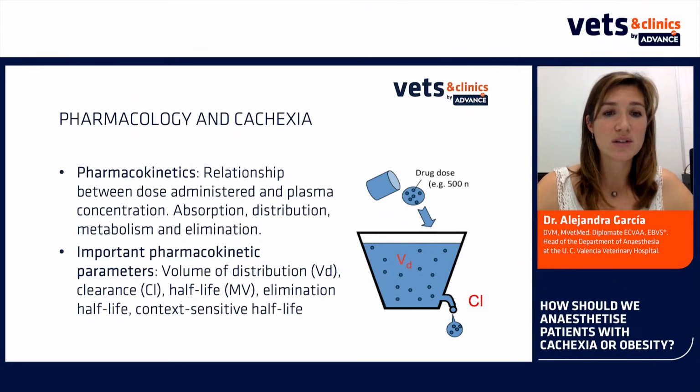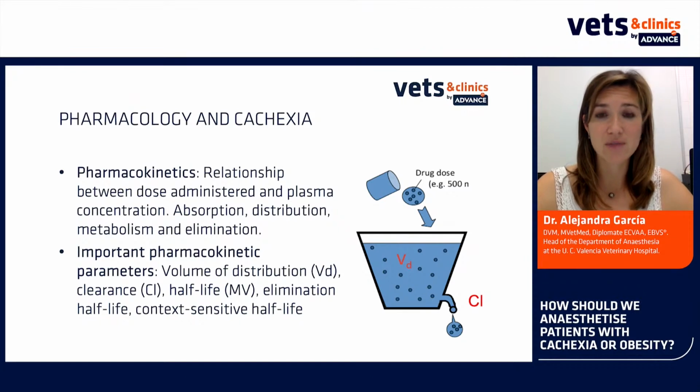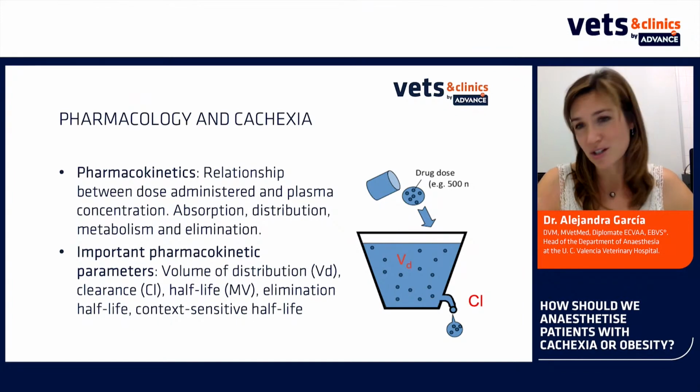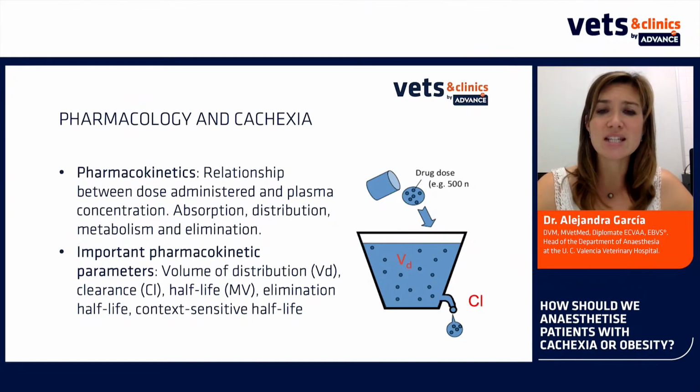The important pharmacokinetic parameters that we need to know are first the volume of distribution, the clearance, the elimination half-life, and the context-sensitive half-life. The volume of distribution, as you see in the diagram here, is the volume in which the dose of a drug distributes in the body.